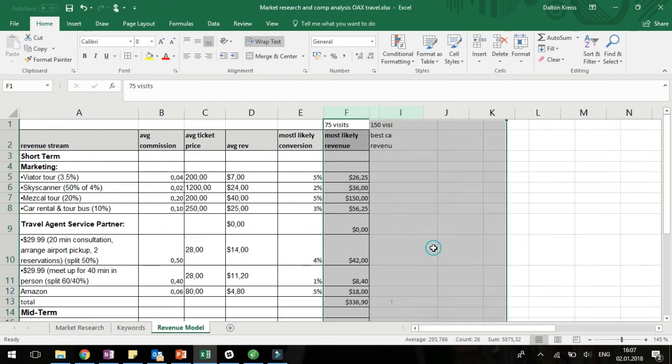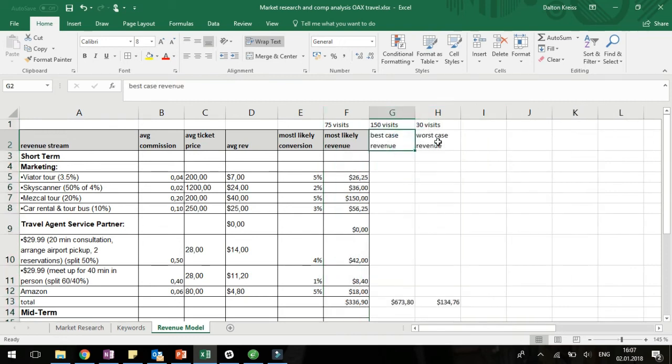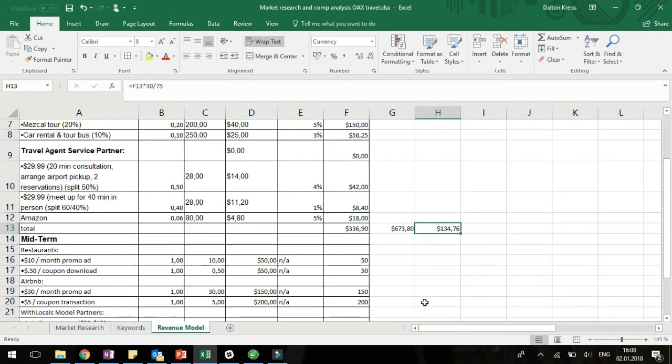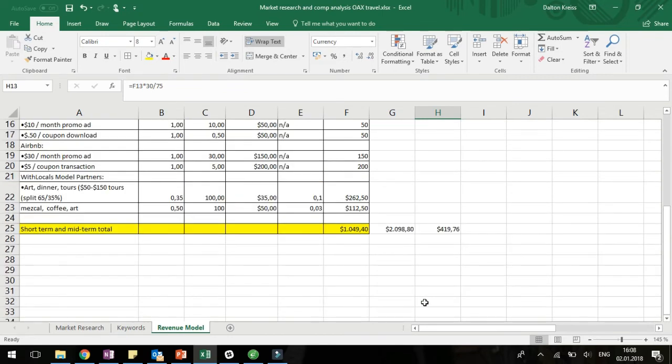Now let's see what the best case revenue and worst case. Just to keep it simple, I simply used a multiple. So 150, that's 2 times my 75 visits, and 30 visits, that's 40% of my 75 visits. So best case short term comes out to $673, worst case $135, and my total, I will make $1,000 off this most likely.